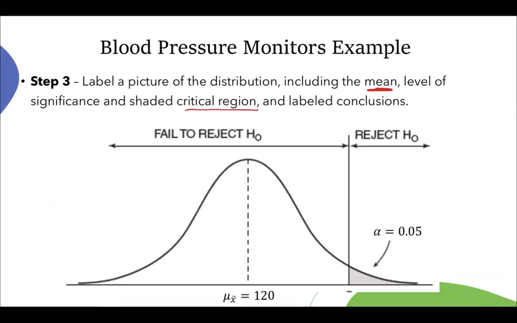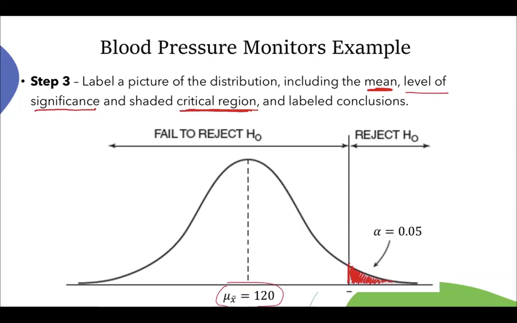In the center, we're going to label the mean of the sampling distribution. Mu sub x bar is 120. And the level of significance in this problem was given at 5%. The critical region is the shaded region in the level of significance. It's right here.